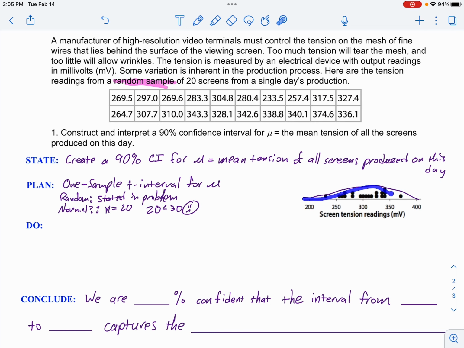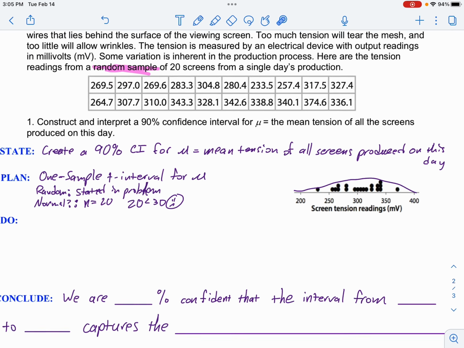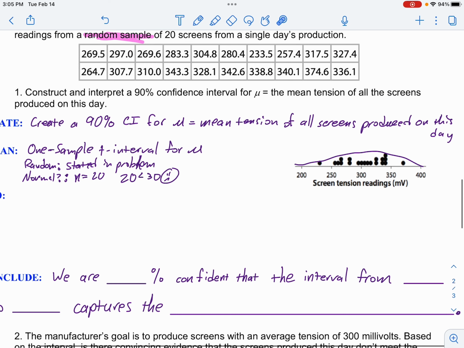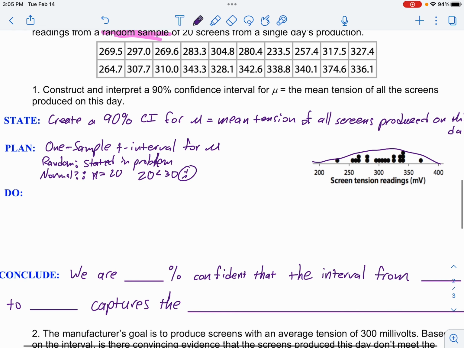So I'm looking at this when it's less than 30, and the sample size is small, but the dot plot does not show any skewness. Is that a word? Skewness or outliers.